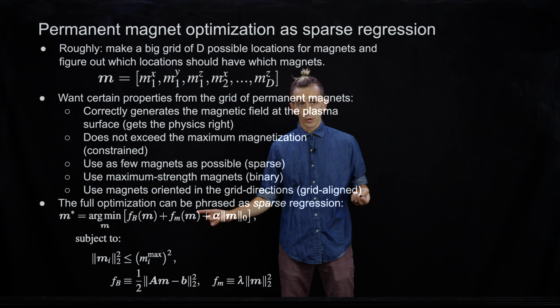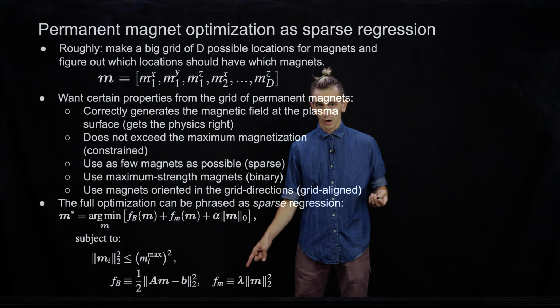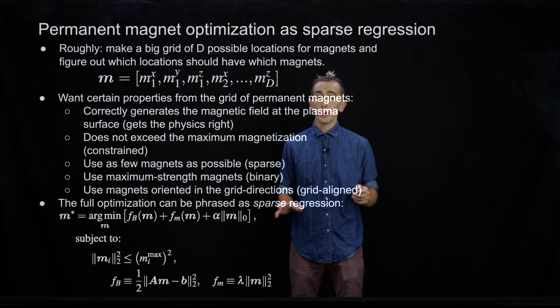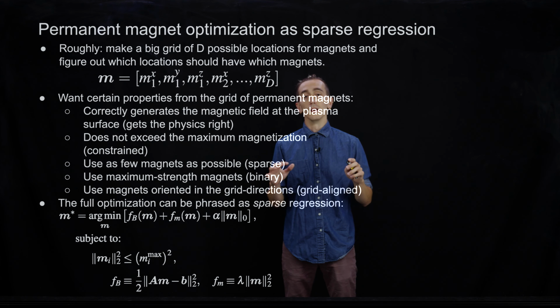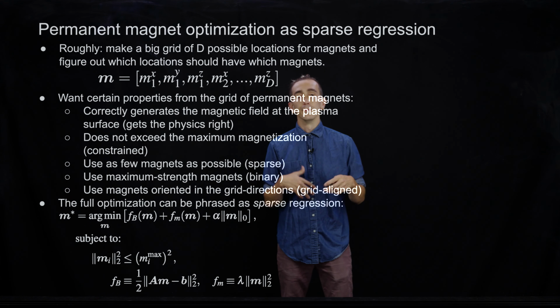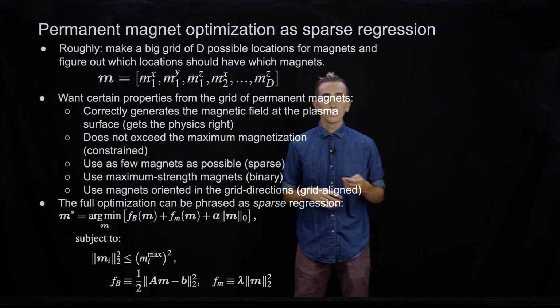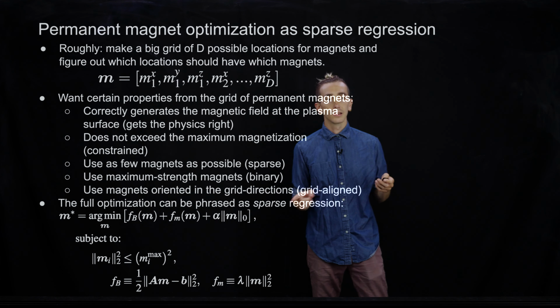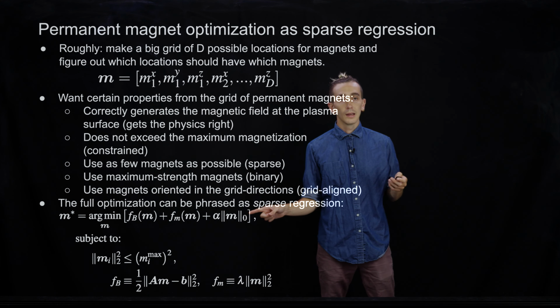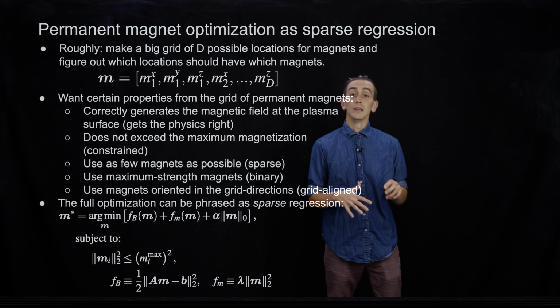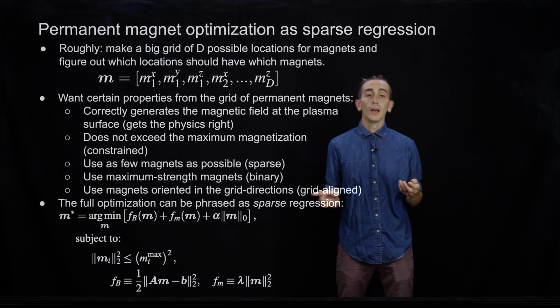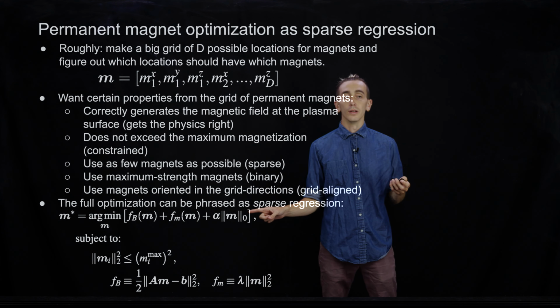We can add some regularization with f_m. In this case, we add some Tikhonov regularization. This basically preferences sparser solution vectors m. There are some subtleties there, but you can look at the papers for that. And then most importantly, we have the L0 norm at the end here, which counts up how many elements of m are non-zero.